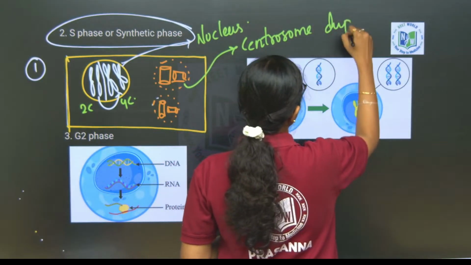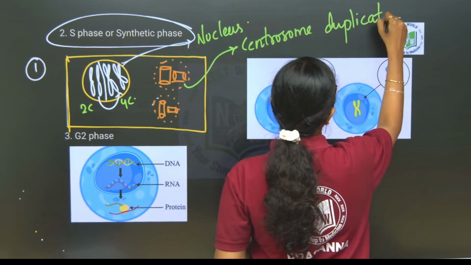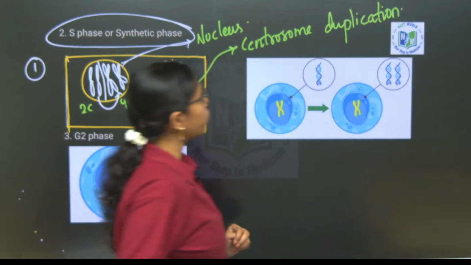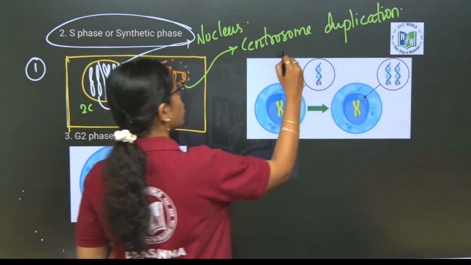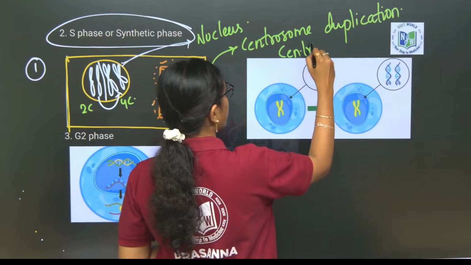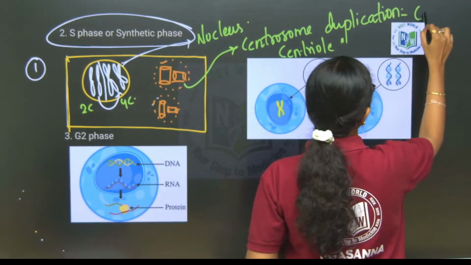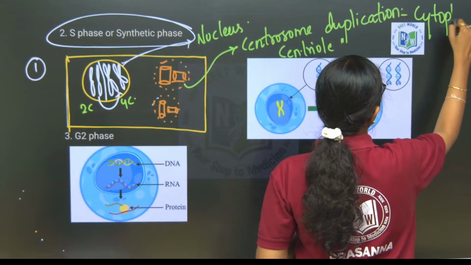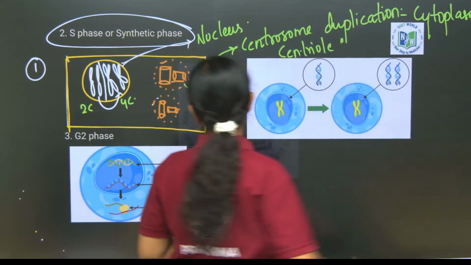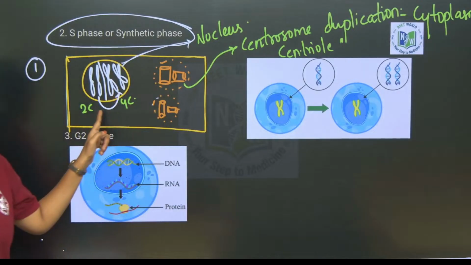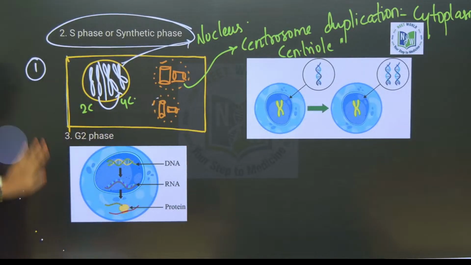Centrosome duplication or centriole duplication also you can consider. Centriole duplication happens in the cytoplasm. DNA doubles inside the nucleus. So these are the events of S phase.